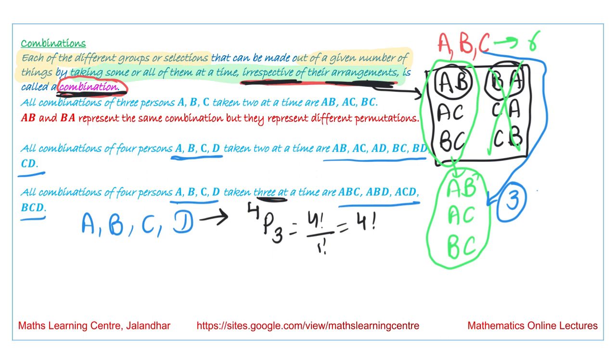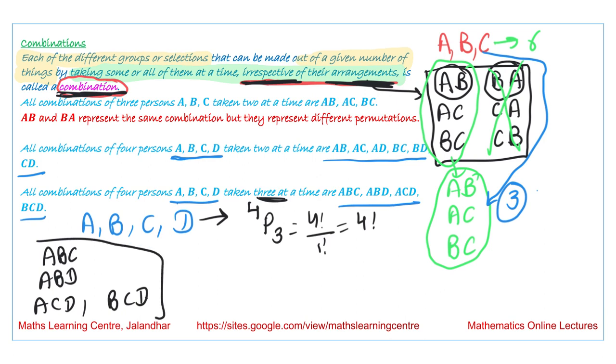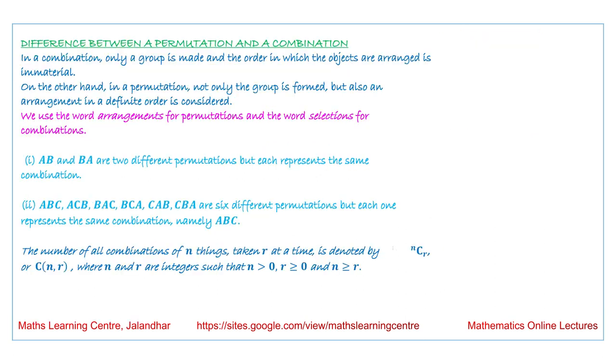But for combinations, the possible combinations are ABC, ABD, ACD and BCD. So these 4 are the possible combinations.